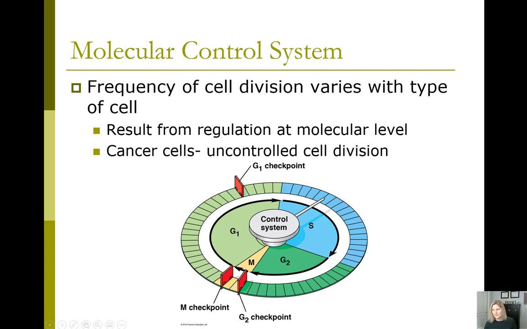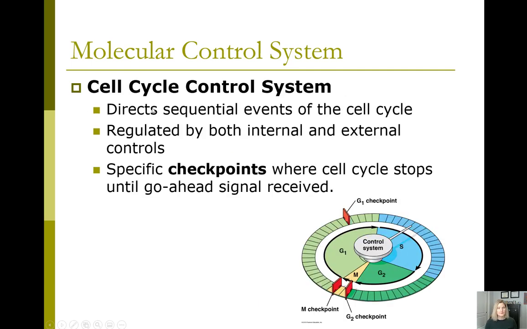Okay. So let's talk about that cell cycle control system. It is a sequence of events that occur, and it's regulated by both internal and external controls. So what I mean by that, internal controls versus external. Within the cell, there's certain things that can allow it to continue to go or stop.